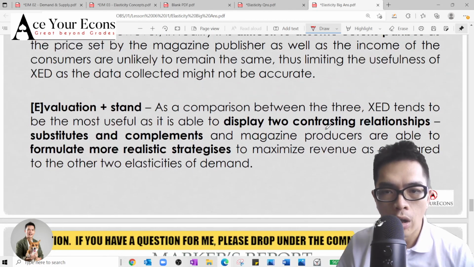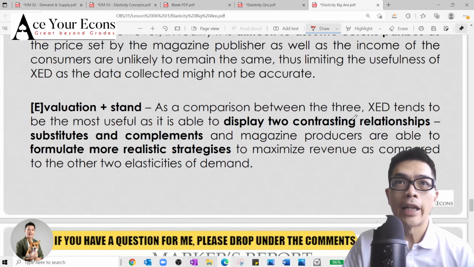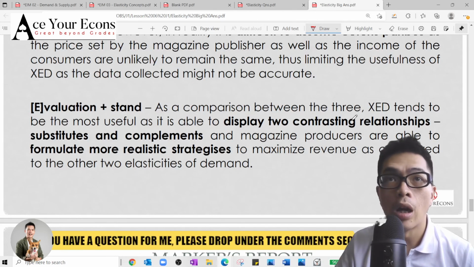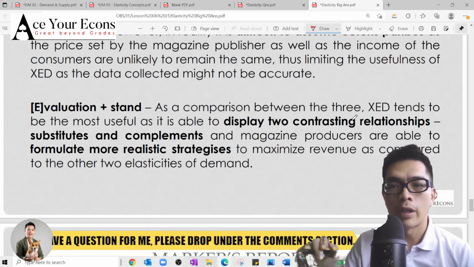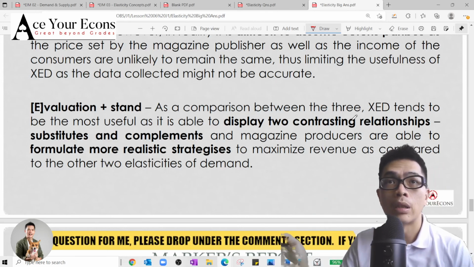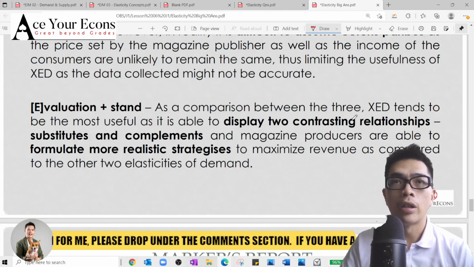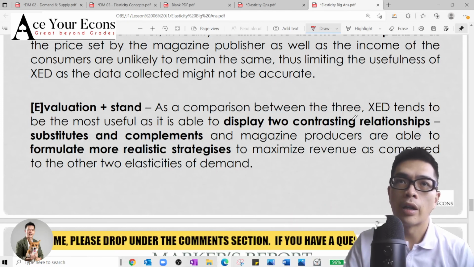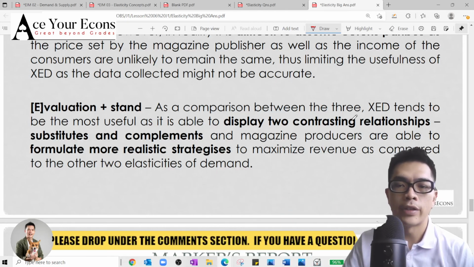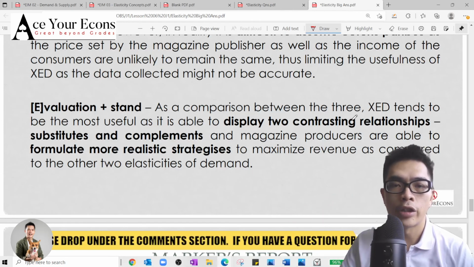Overall, you can see that XED is likely to be the most meaningful because it shows two contrasting relationships, both substitute and complement. It's going to be more realistic for the producers to formulate strategies, pricing and non-pricing, because of this dynamic relationship.